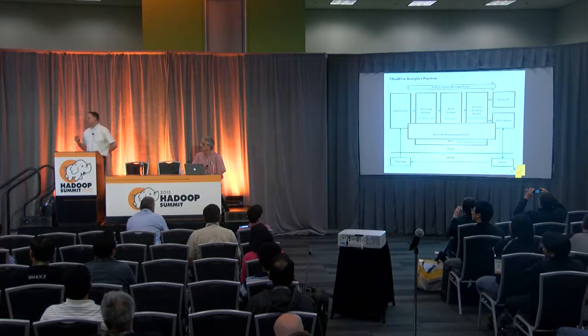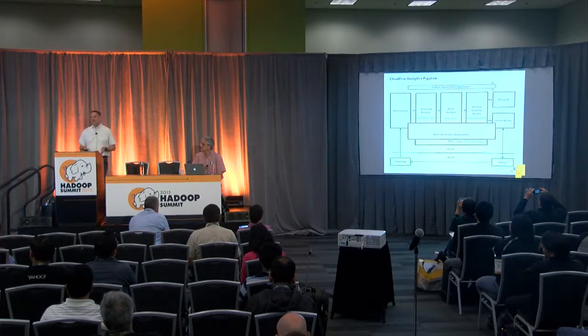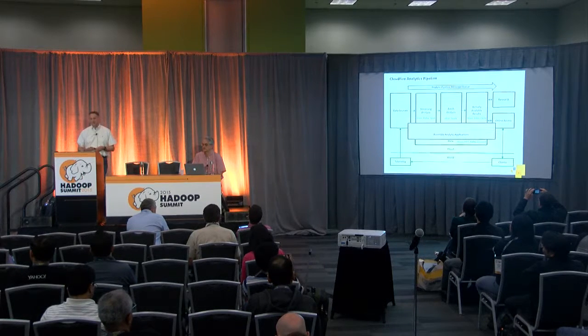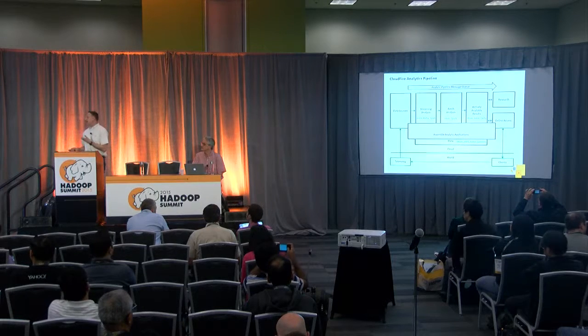So the combination of the ability to assemble these applications quickly and leverage and share data across multiple systems leads to the ability for people to really leverage this data much faster and much more efficiently.